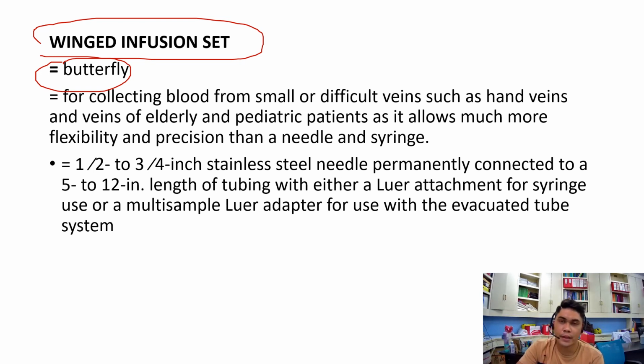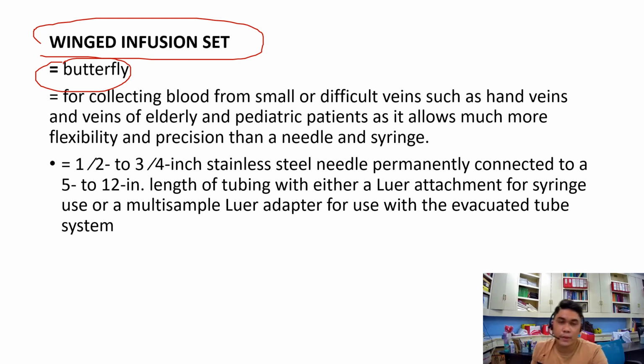So regarding elderly and pediatric patients, usually for pediatric the veins are small, and for elderly there's a possibility that the vein will move. Okay, so for you to have a higher possibility to collect blood, it's better to use a wing infusion set.